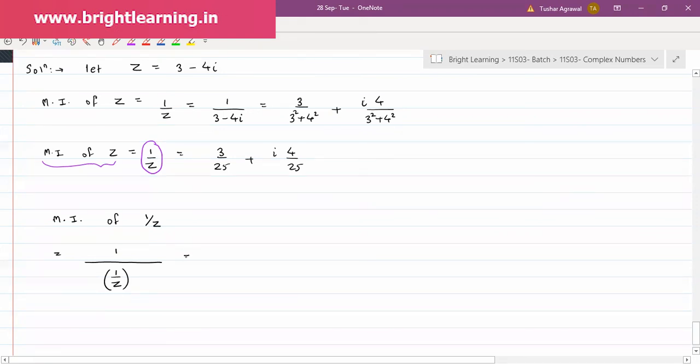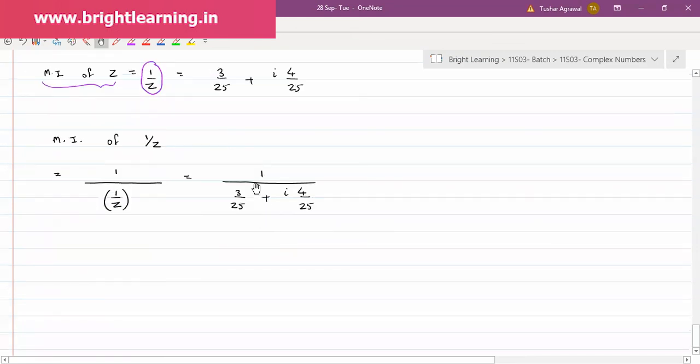Now what is this equal to? This is equal to 1 horizontal line, and this was actually 3 upon 25 plus i times 4 upon 25. Now comparing it with x plus iy, my x is equal to 3 by 25 and my y is equal to 4 by 25.